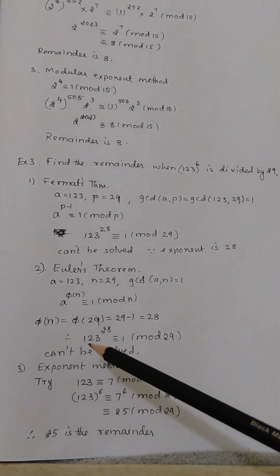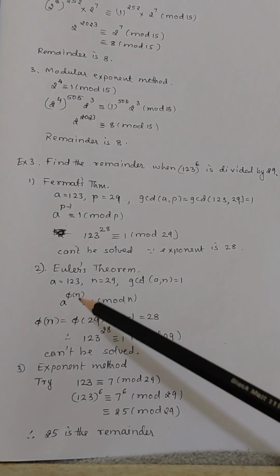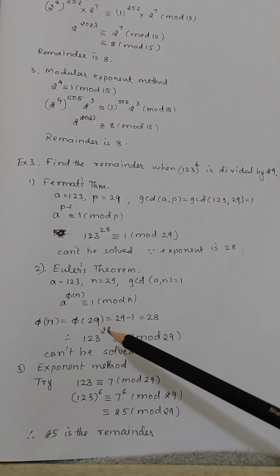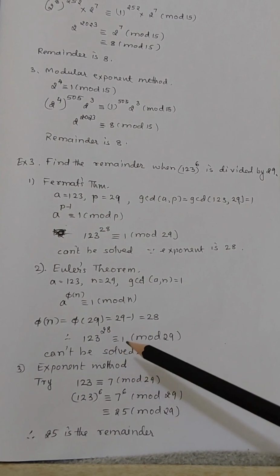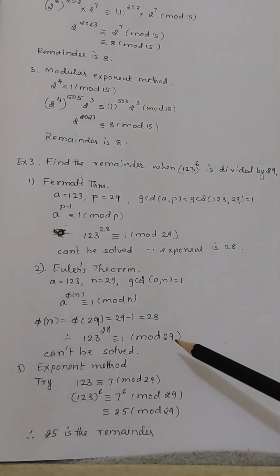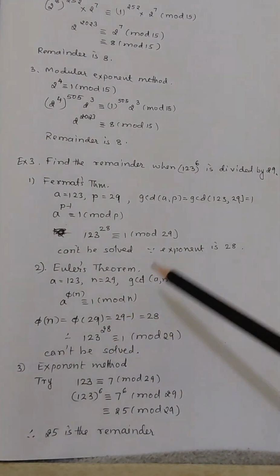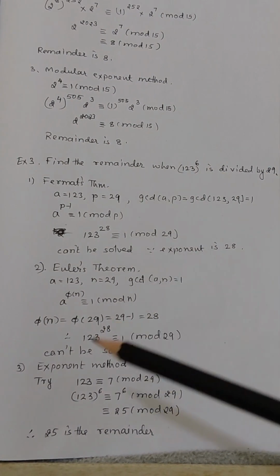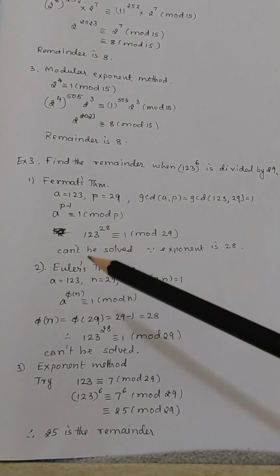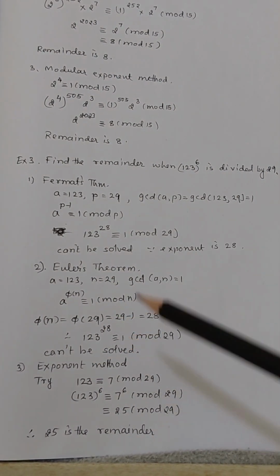So A power phi of n, that is 123 to the power 28, is congruent to 1 mod 29. So here also the power is larger than the required one. So both theorems are not applicable.